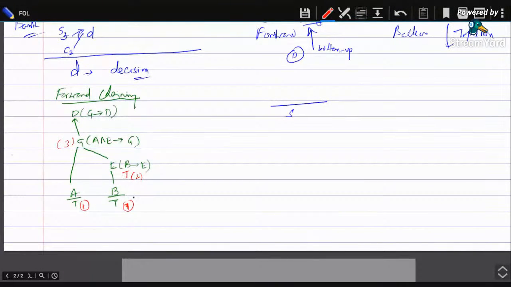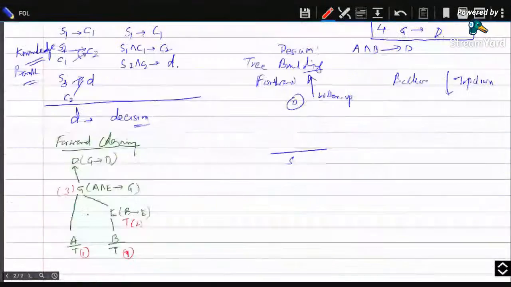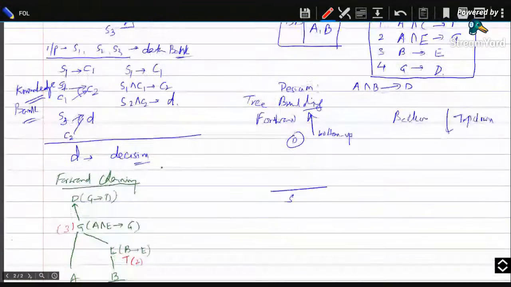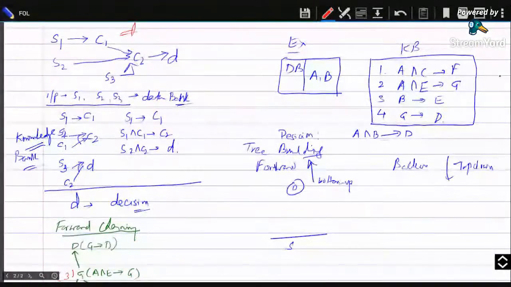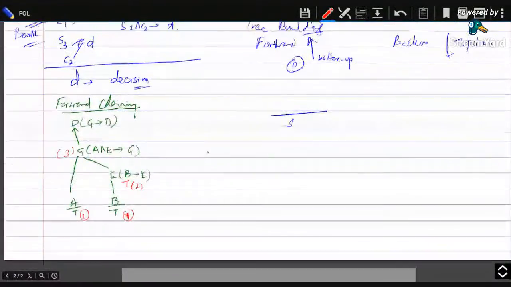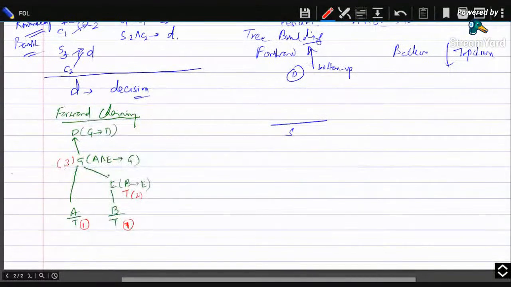Now I'm talking in time series. This is nothing to do with these numbers. These numbers, you know very well what this is. B implies E is the third one. A and E implies G is the second one. So don't get confused with these red numbers. These are time steps.